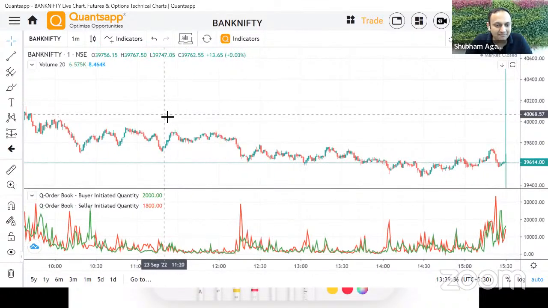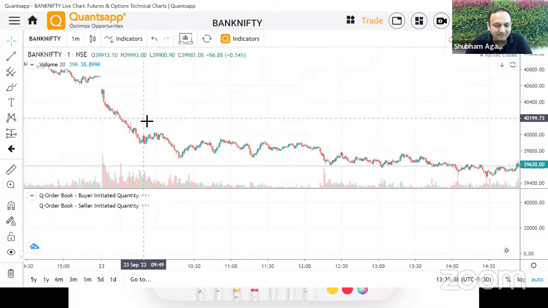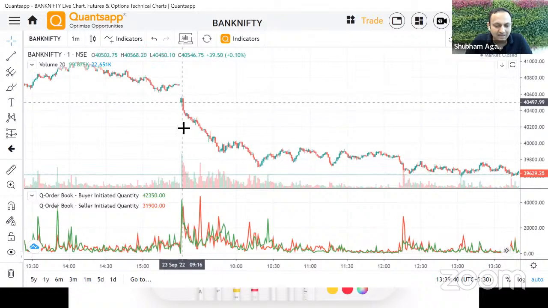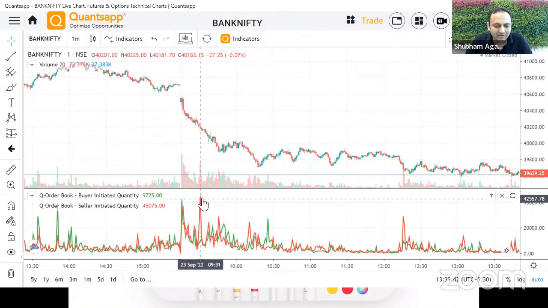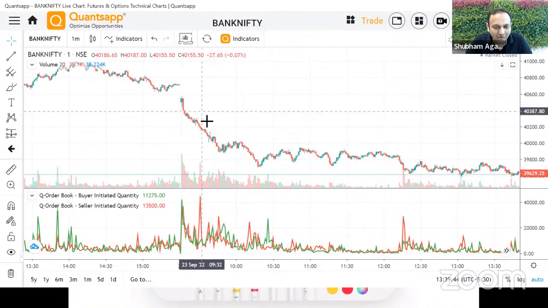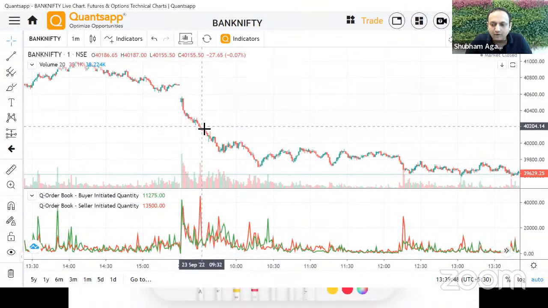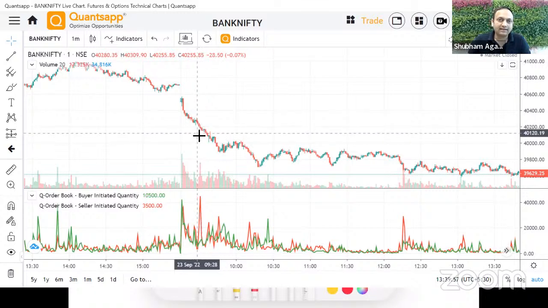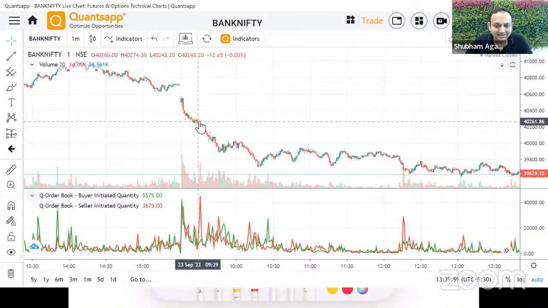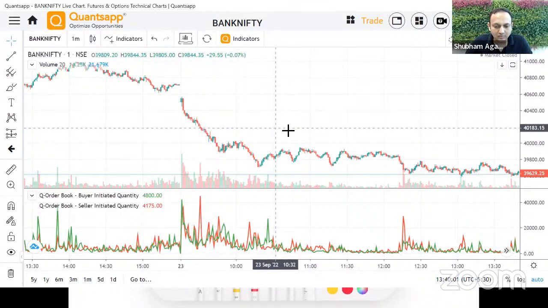If we look at BankNifty futures, around the market opening, slightly after the opening, around this point, which is 40,200, you saw that sellers were very, very aggressive and a huge quantity was sold at the bid price. So you get a sell signal around this level at 40,200.